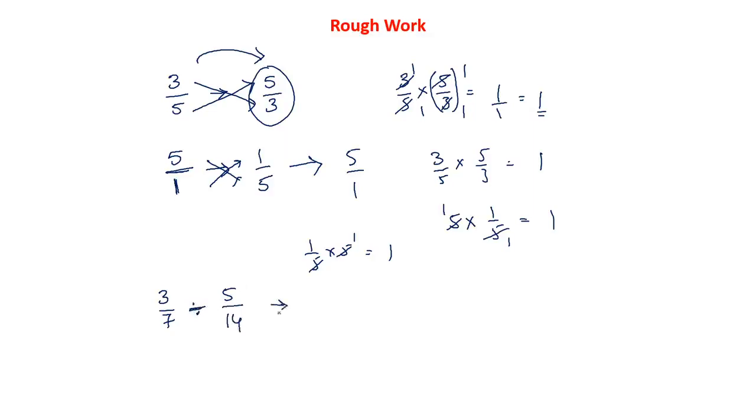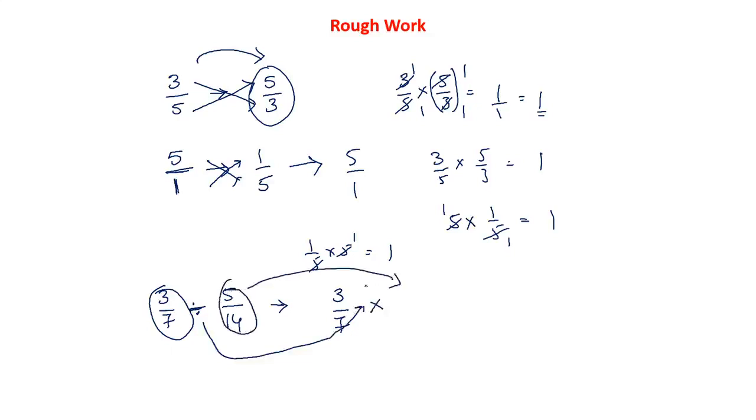So now what is the procedure of division of a fraction by a fraction? First you have to write the first fraction as it is, no change, and convert this division symbol into multiplication, and change the second fraction to its reciprocal. Now we are using the concept of reciprocal here.